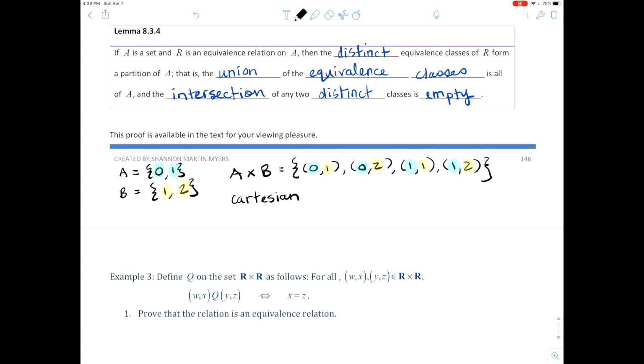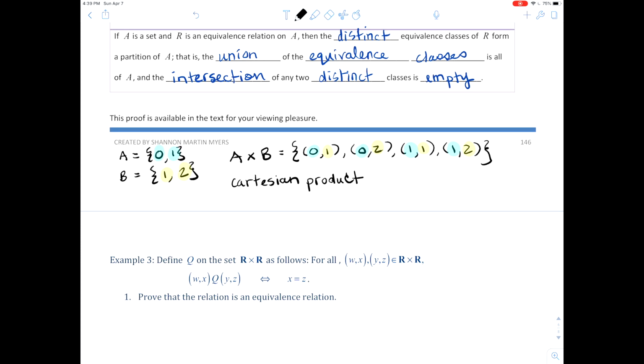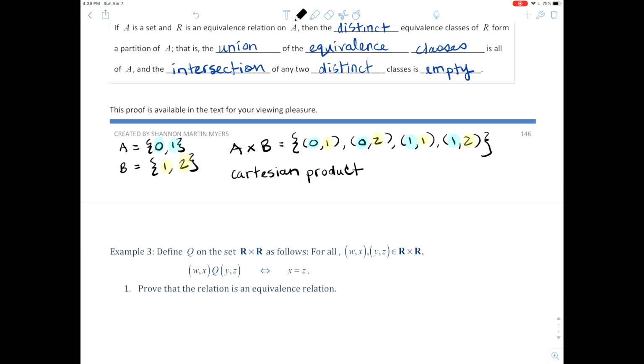But basically, we need to have a visual here, okay? Now, if we were to take a look at the classes of each of these things, we would have all these different classes, right? So the class of (0, 1) would be what?